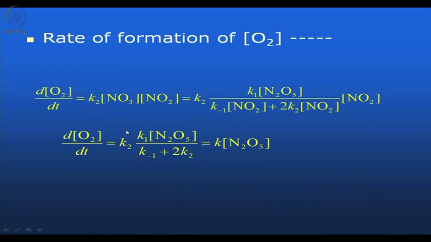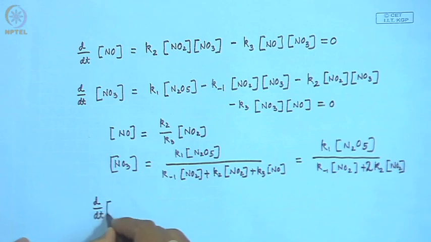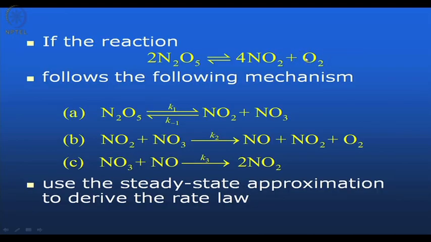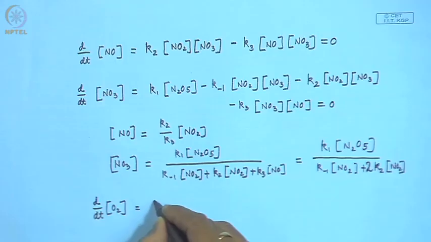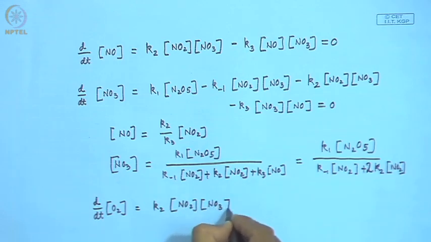Therefore, the rate of formation of O2, d/dt of O2. Go back: the rate of formation of O2 is here, and it is equal to K2 into the concentration of NO2 and the concentration of NO3.